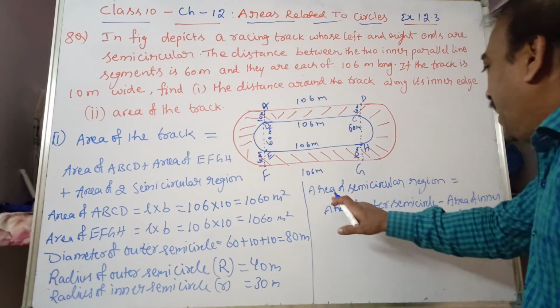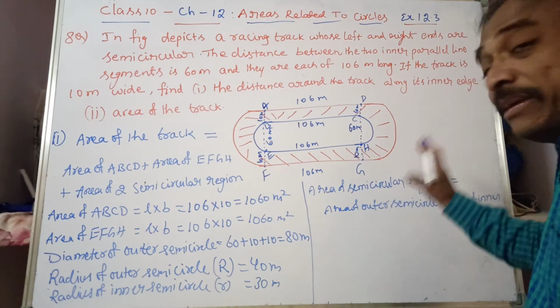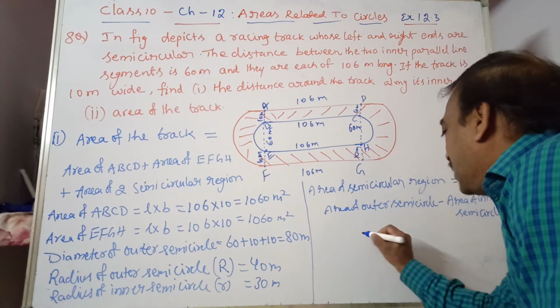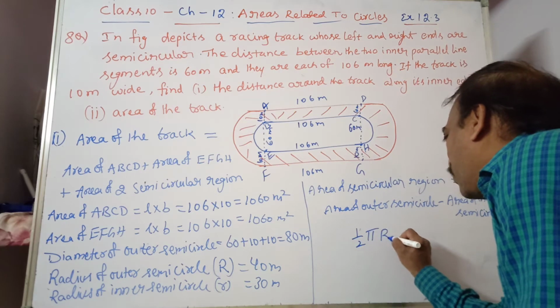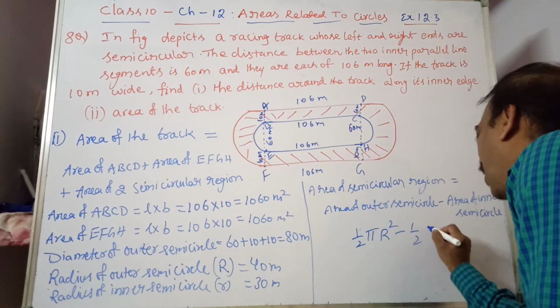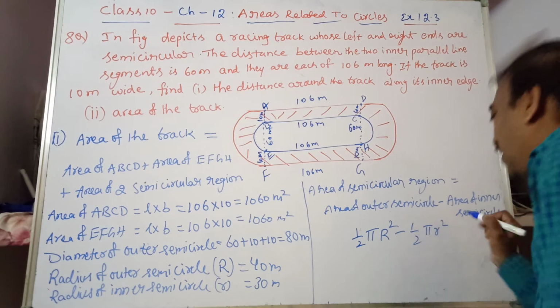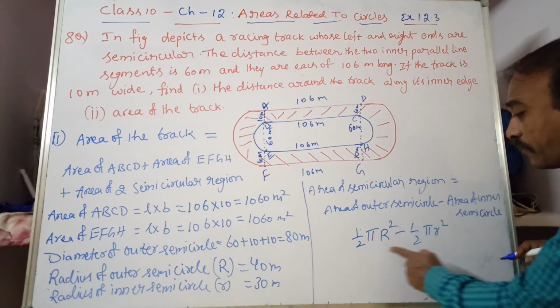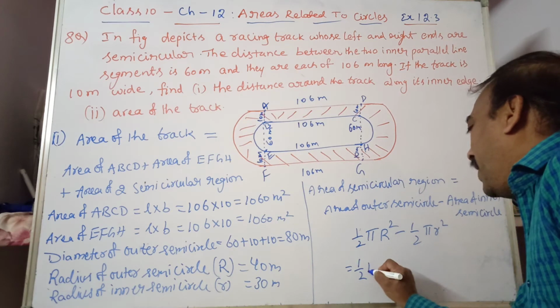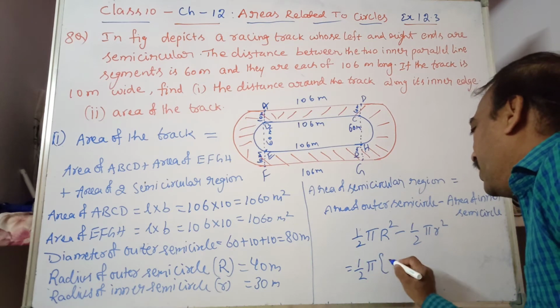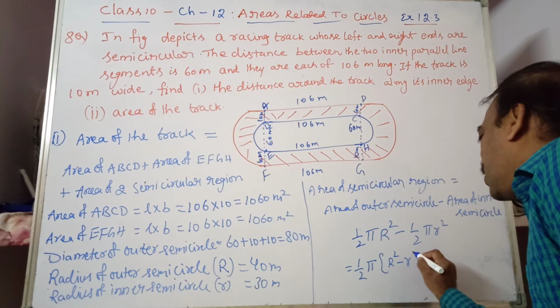Look at this, area of semicircular region. For one semicircle, it is half of pi capital R square minus half of pi small r square. This is only for one. Take out common half pi, then R square minus r square.